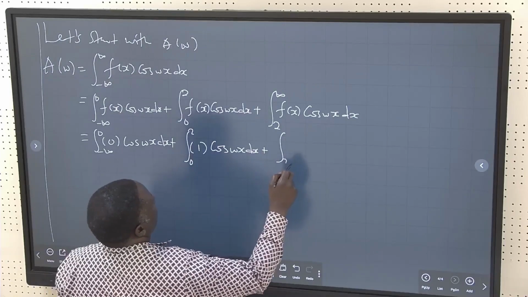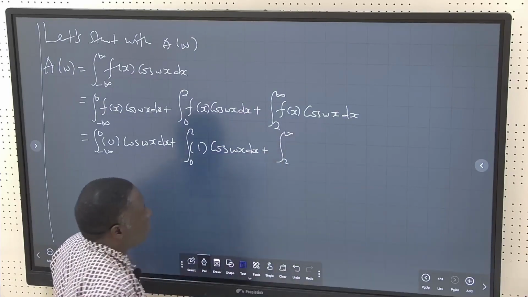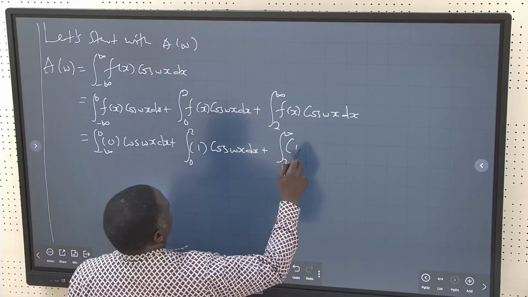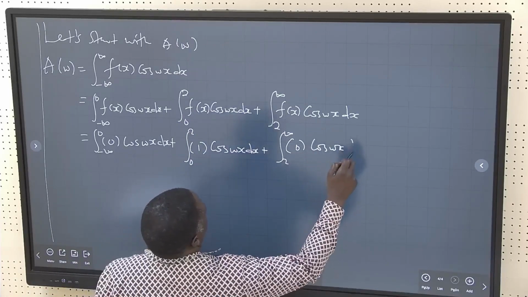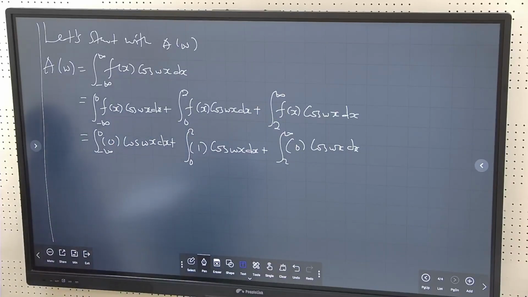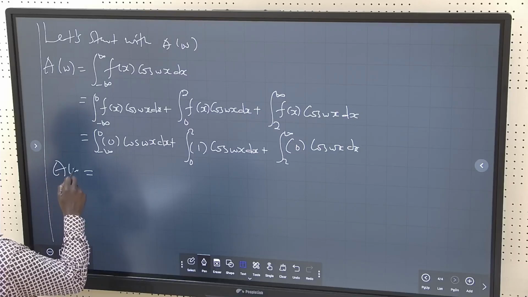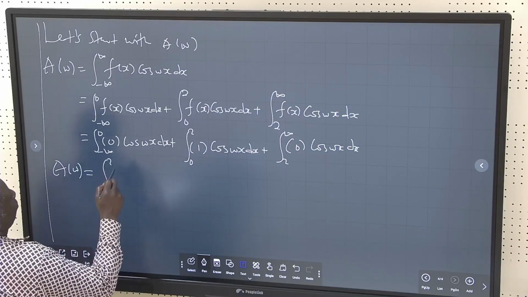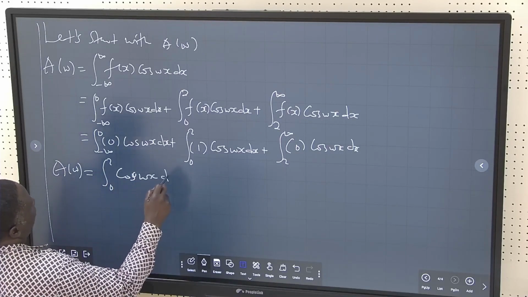Add here the integral from 2 to infinity, where the value of f of x is 0, so you multiply with cosine omega x. So you see that this is 0 and that one is 0. So what remains here is the integral from 0 to 2 of cosine omega x with respect to x.